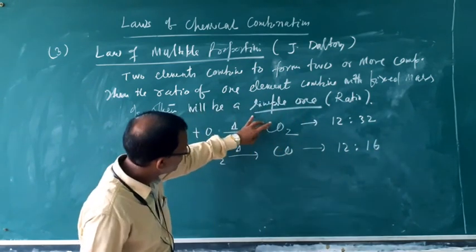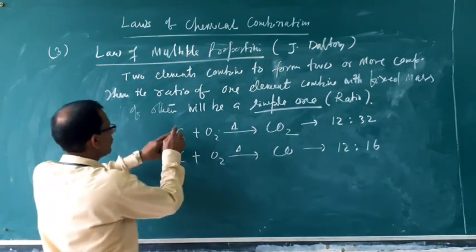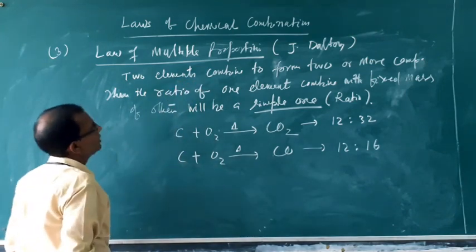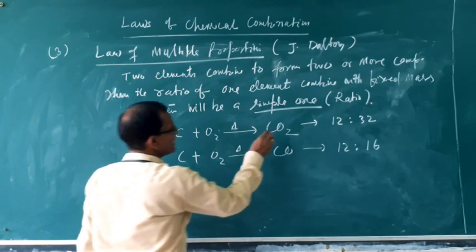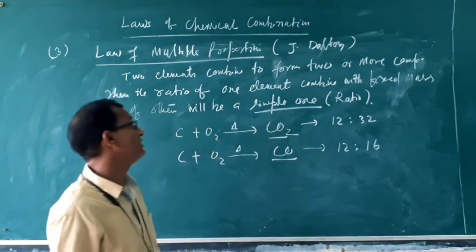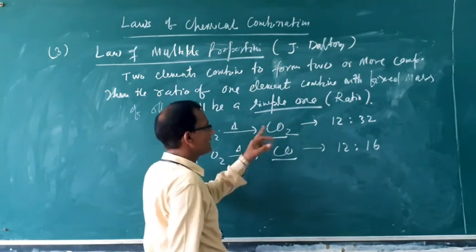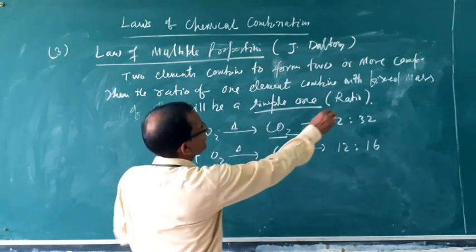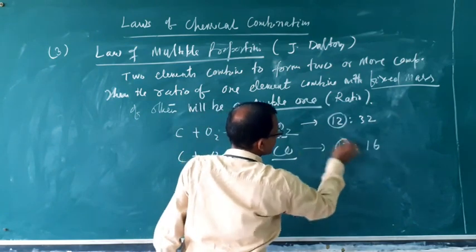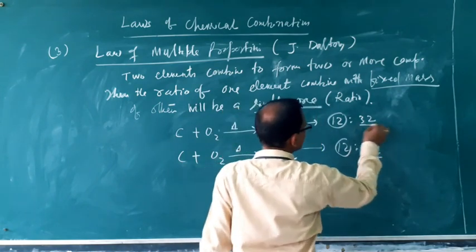Two elements, carbon and oxygen, combine to form two compounds: carbon dioxide and carbon monoxide. Then we will calculate the ratio of one element. Here we take oxygen, keeping carbon constant as the fixed mass, because 12 is constant. Now take the different weights: one is 16, another is 32.